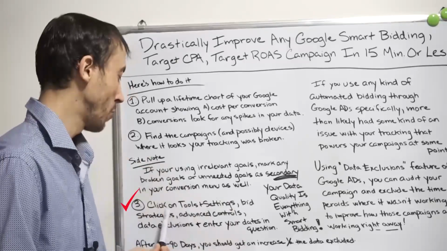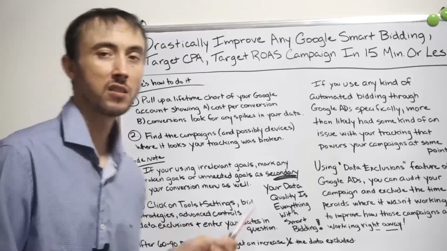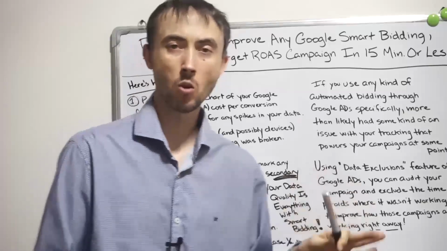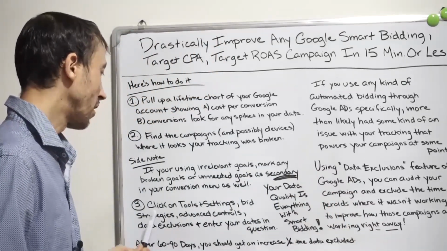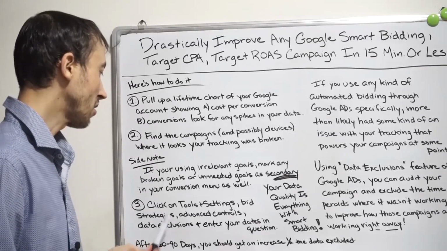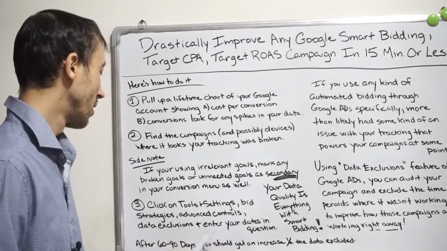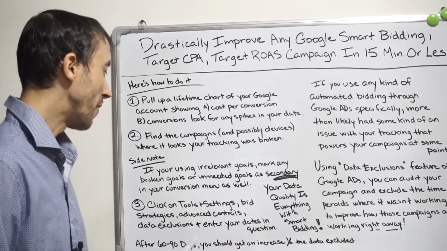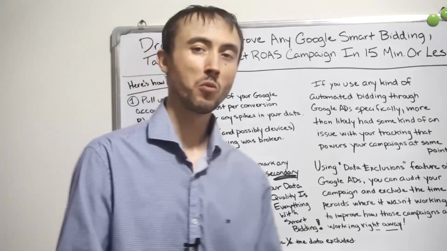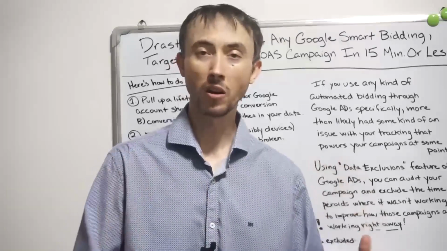Where that's located, you click on the tools and settings icon in the top right hand corner of your screen. It's a little wrench. Click on bid strategies, then click on advanced controls, and then click on data exclusions, and then enter your dates in question where the tracking has not been working.